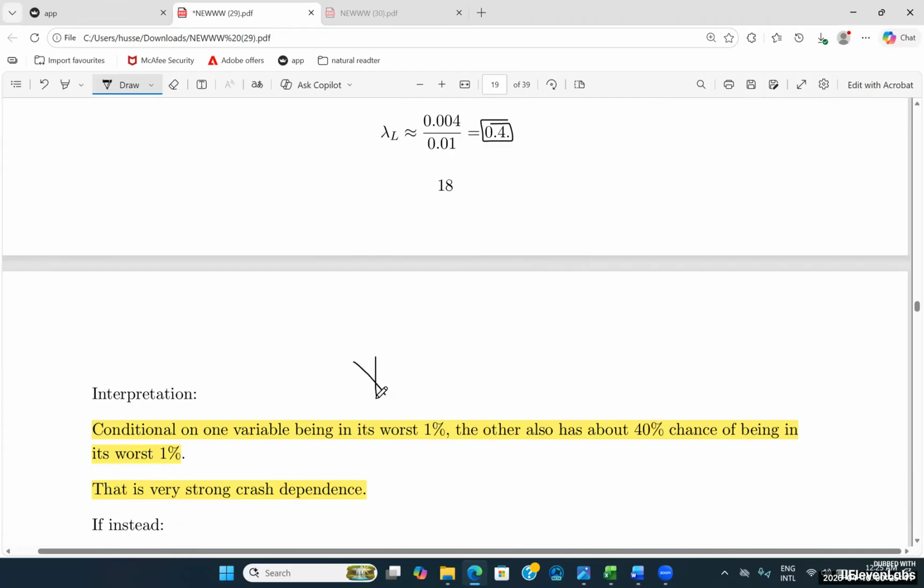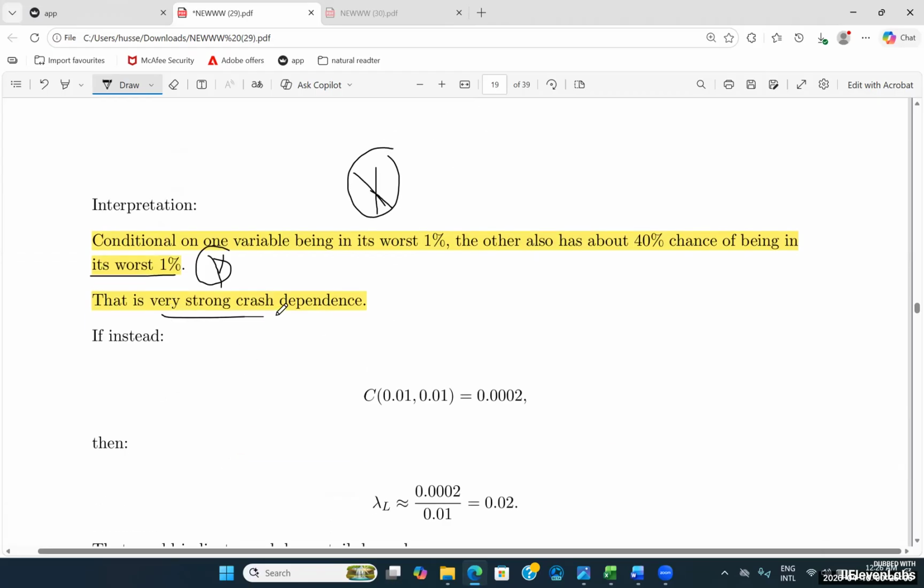So, if x, for example, is in the worst 1% of values, the other variable, y, has about a 40% chance of being in the worst 1% as well. Once more, if x falls into the worst 1% of all possible outcomes, there's a substantial 40% probability, and this finding is quite significant, that the other variable will also be found at its absolute lowest 1%. This clearly indicates a very strong crash dependence between them.